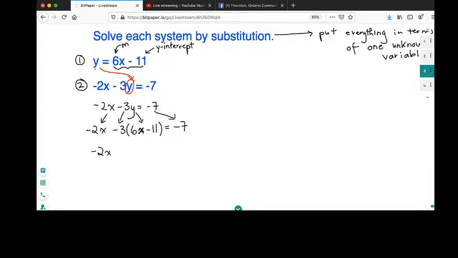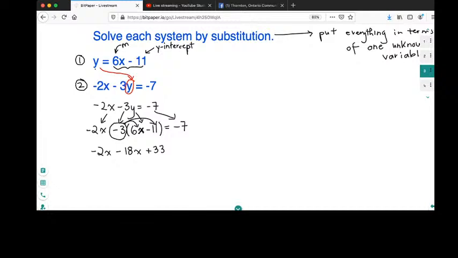And I need to multiply this negative 3 into these two terms. So negative 3 times 6 is going to be negative 18x. Negative 3 times negative 11, well, we've got a negative times a negative, so that's going to be positive 33.